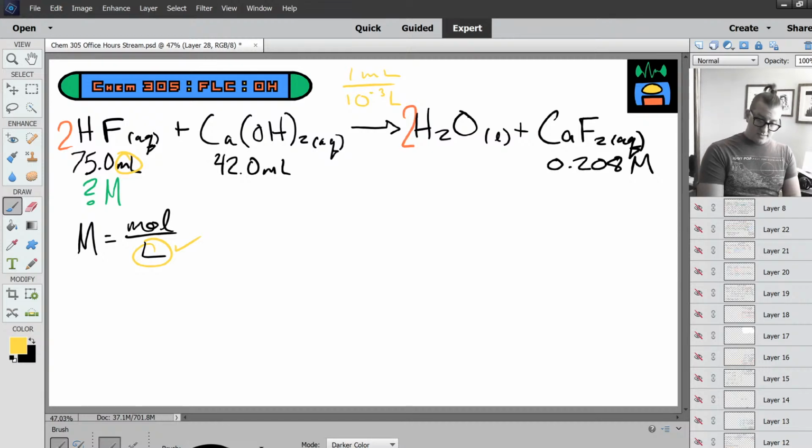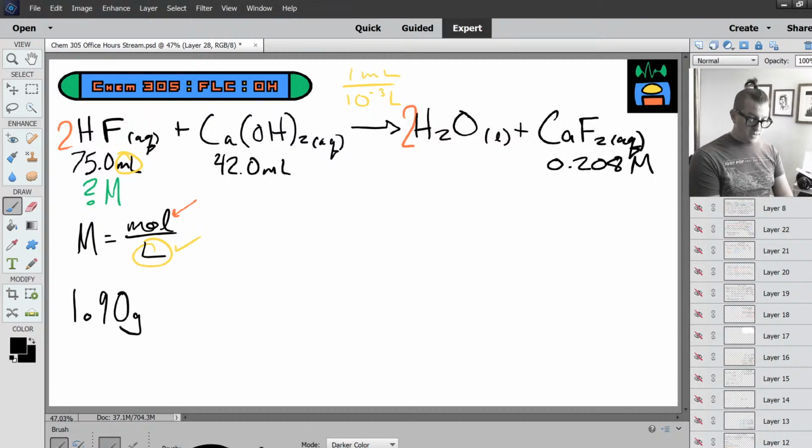The question is, we need to know how many moles of HF we have. And we don't know how many moles of HF we have, but we do know that 1.90 grams of calcium fluoride were produced.